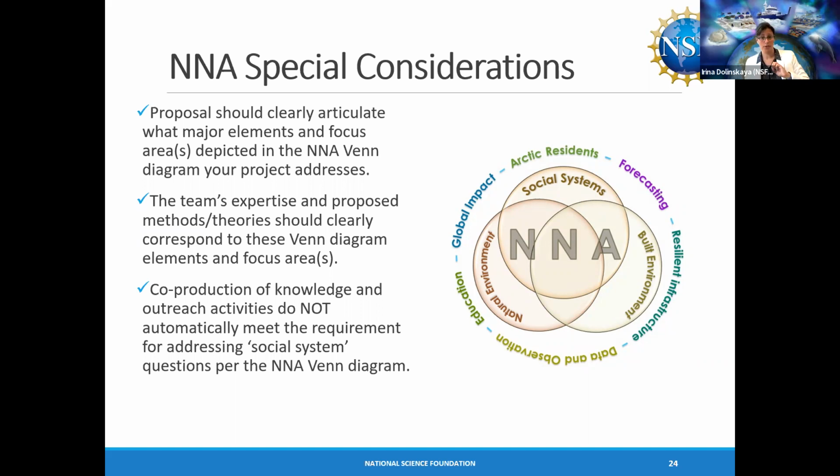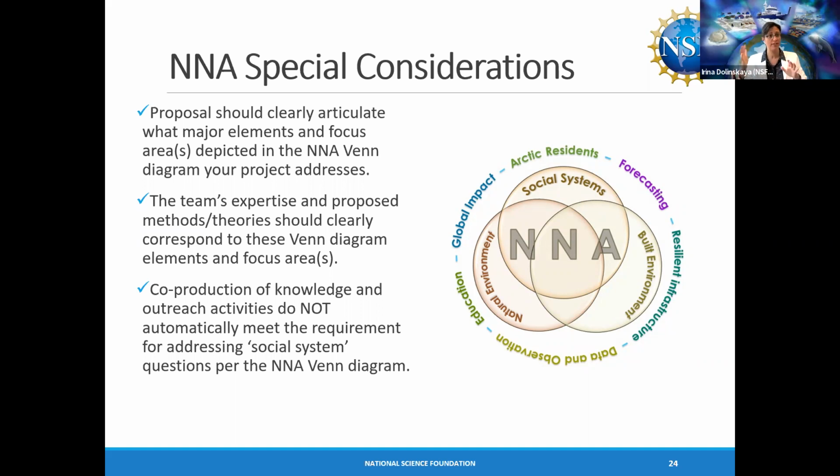If you are doing co-production of knowledge, or some outreach activities, that does not automatically check off social systems. Co-production is a methodology for how to advance intellectual merit. You could be doing co-production of knowledge at the intersection of the natural environment and built environment. So just because you have co-production doesn't mean that it's social systems research. It's just a methodology.